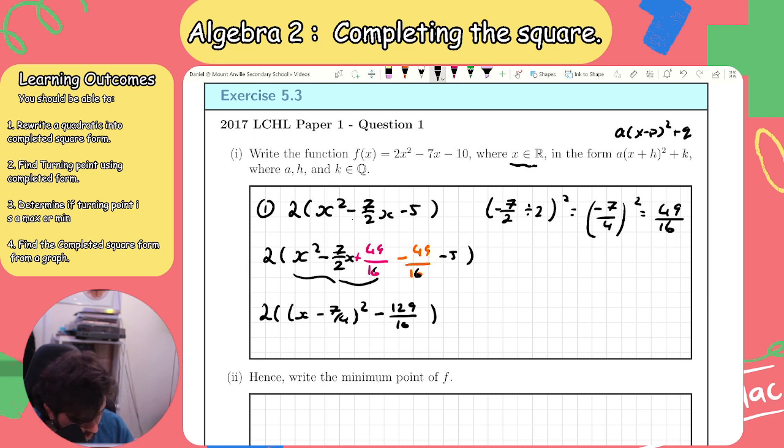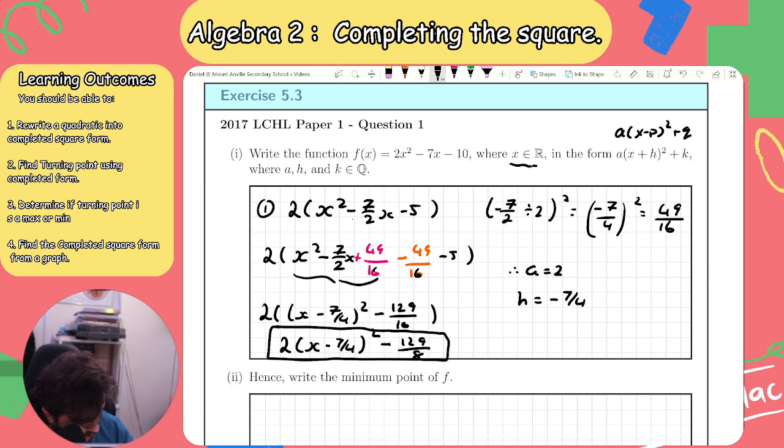Multiplied in, I have 2 times x minus 7 over 4 squared minus 129 over 8. That's my complete the square form there. So therefore, a is going to equal 2, h is going to equal minus 7 over 4, and k is going to equal minus 129 over 8. And I hope I am correct in saying that.